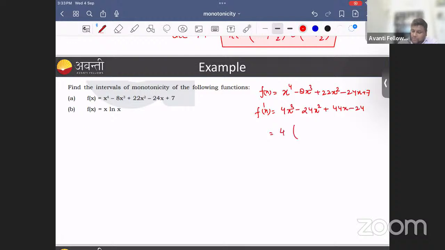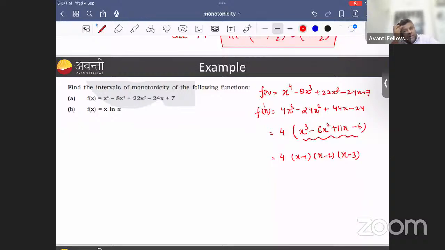If you take 4 common, it is x cube minus 6x square plus 11x minus 6. Got it? Now I got a cubic here. The factors of this cubic are 1, 2, 3. It's very standard. You can remember this cubic if possible. So it is 4 times (x minus 1)(x minus 2)(x minus 3). Correct?